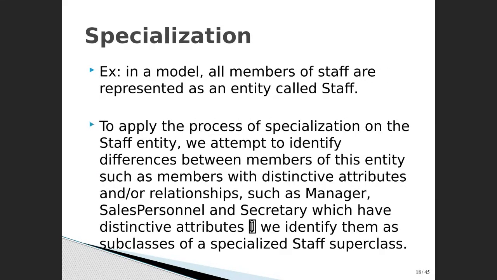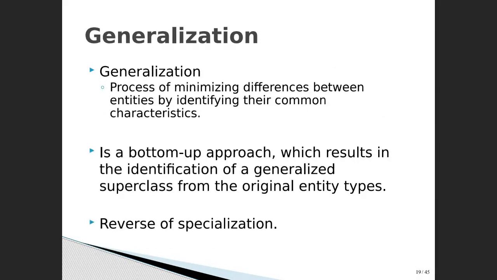All right. So we said this is specialization, but on the other hand, generalization is the process of minimizing the differences between entities by identifying their common characteristics. So generalization is process number two. As we said, we minimize the difference.